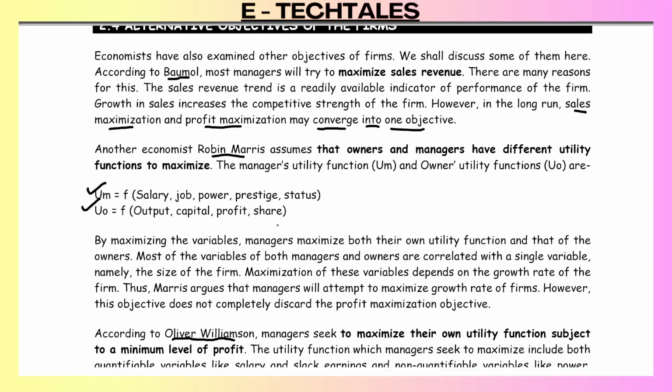So, by maximizing these variables, the managers can enhance both their own utility and that of the owners. Since many of these variables correlate with the firm's size, Marris argues that the managers will aim to maximize the firm's growth rate.